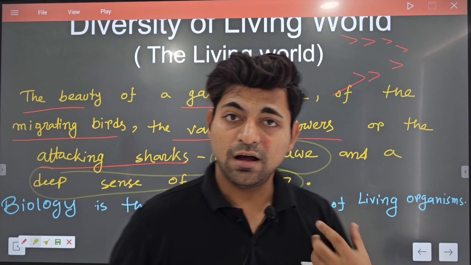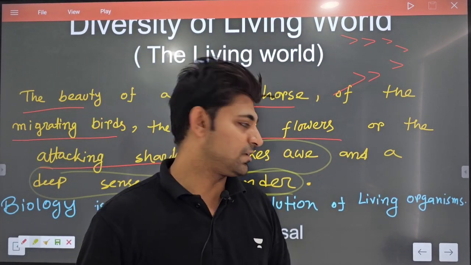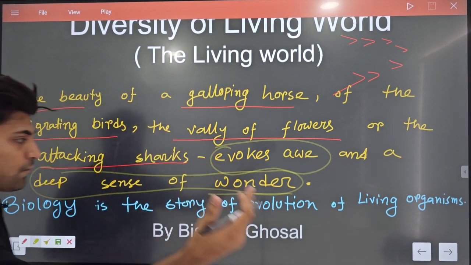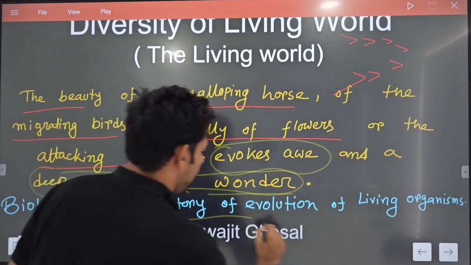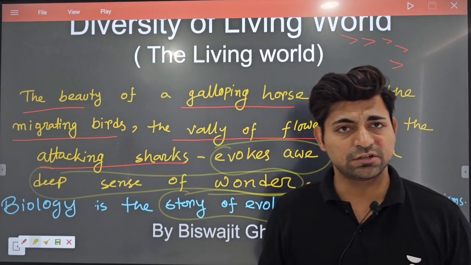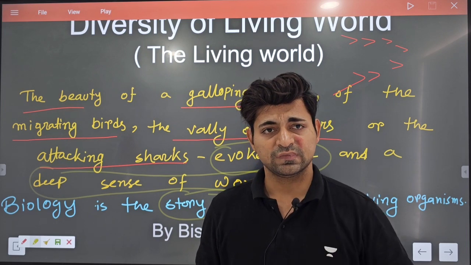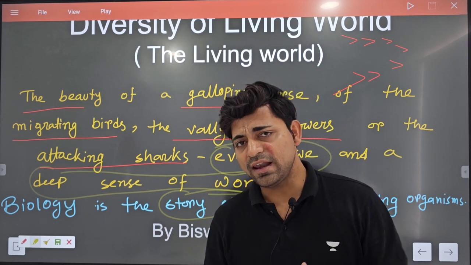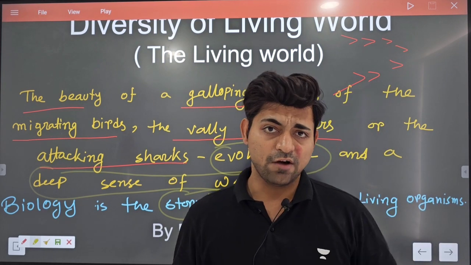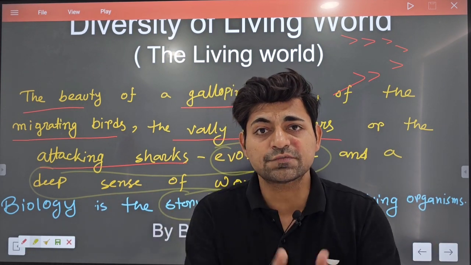We need to study classification because we need to track down the story of evolution, and this is biology. We are very curious. We are the supreme organism, and we try to know what life is, how life came onto the earth, and how life flourished along its pathway.